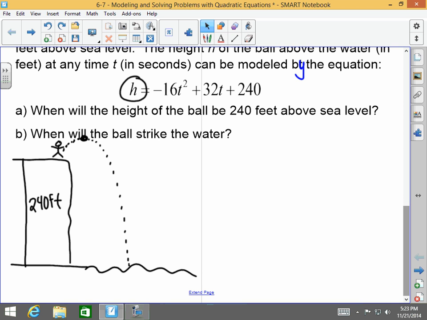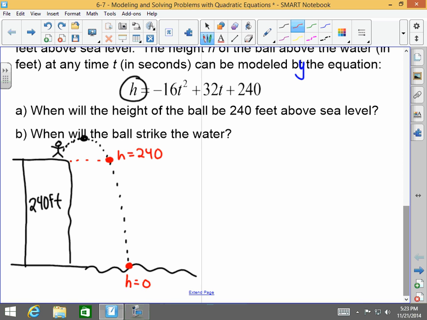So I basically want to know, when is the ball here? And also, when will the ball strike the water, which is when the height would equal 0. So I first want to find after how many seconds the height will be 240, and when the height will be 0.